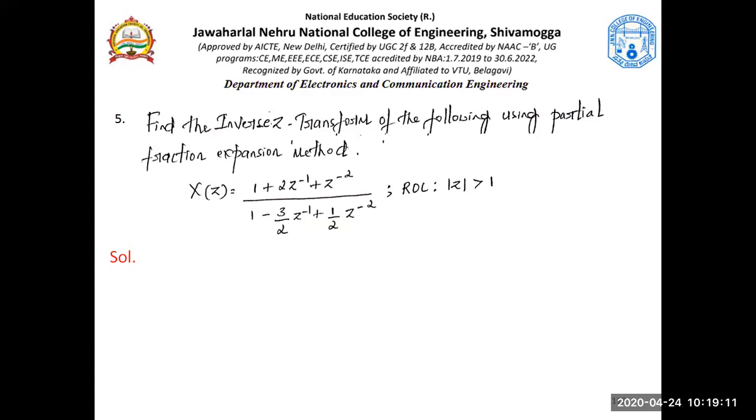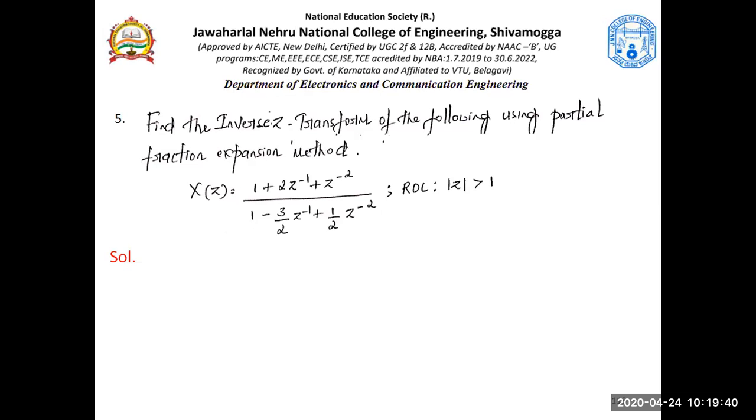There are textbooks that deal with negative powers of z. When they are dealing with negative powers of z, the standard transforms should also be derived in terms of negative powers. But with our standard transforms, we have derived them in terms of positive powers of z. So that's why it is important to get the given equation in terms of positive powers of z.